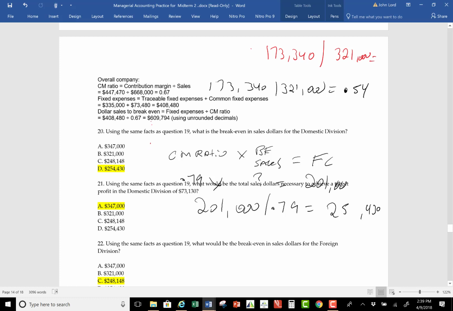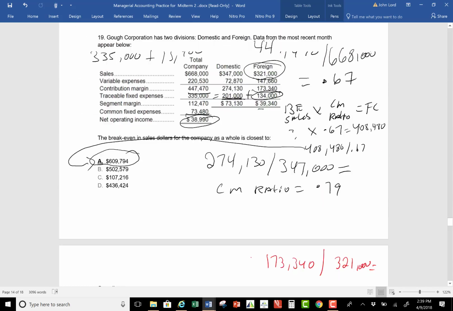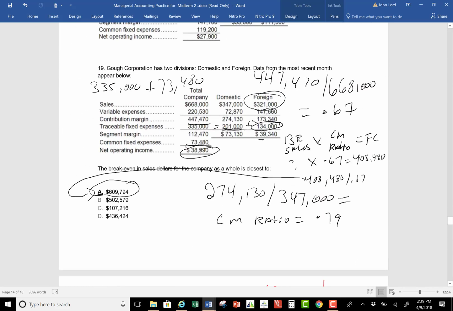Okay, so then you take the 0.54 and you have to look at the fixed expenses. Traceable fixed expenses are what for foreign? 134,000. So you take that 134,000 and you divide it by the contribution margin ratio. We said was how much? 0.54.